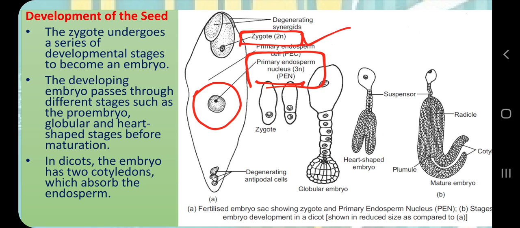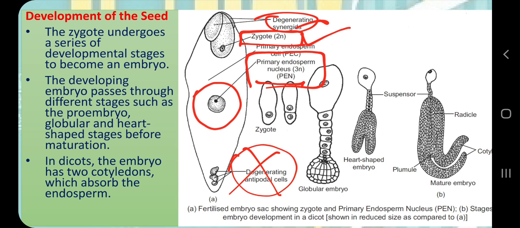Why diploid and triploid? Because the diploid structure is the result of fusion of egg and sperm, 2 haploid nuclei, and the PEN, the primary endosperm nucleus, is the result of the fusion of 3 haploid nuclei, which were 2 polar nuclei and one sperm or male gamete. And the other structures, the 3 antipodals and 2 synergids, degenerated.